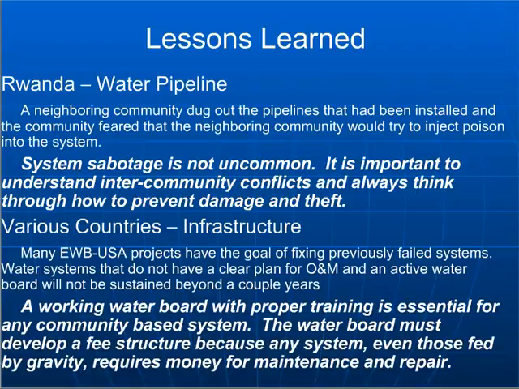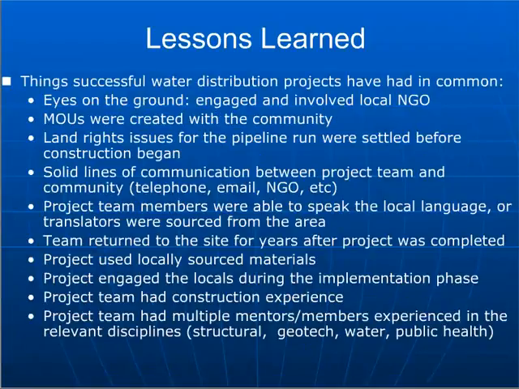The last one there, again talking about infrastructure systems in general and the importance of operation and maintenance. A lot of EWB projects involve some type of repair to an existing system.